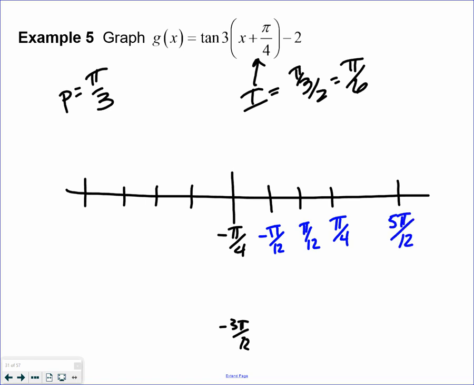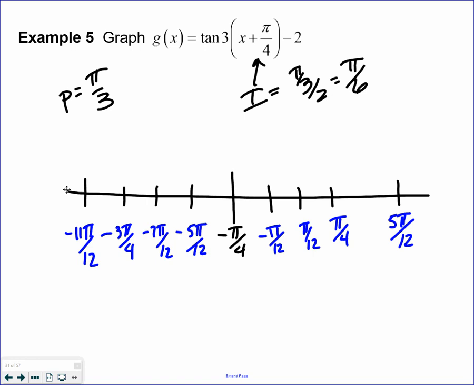Subtracting 2 twelfths each time, this would be negative 5 twelfths, negative 7 twelfths, negative 9 twelfths, which can be reduced, and then negative 11 twelfths. So this is not a very easy add and subtract. Those of you that are fractionally challenged are going to have a little bit of difficulty with that one.